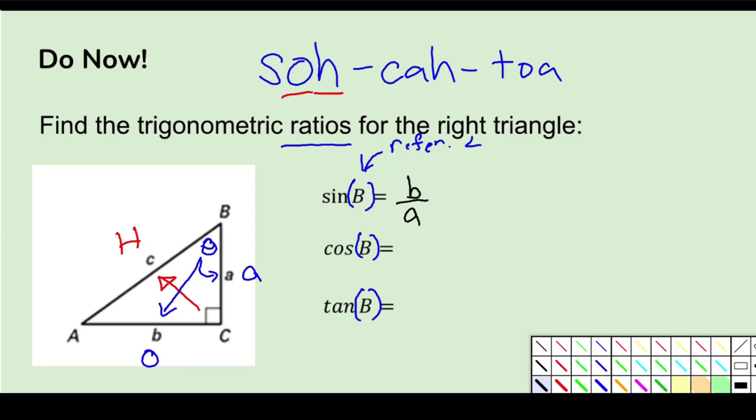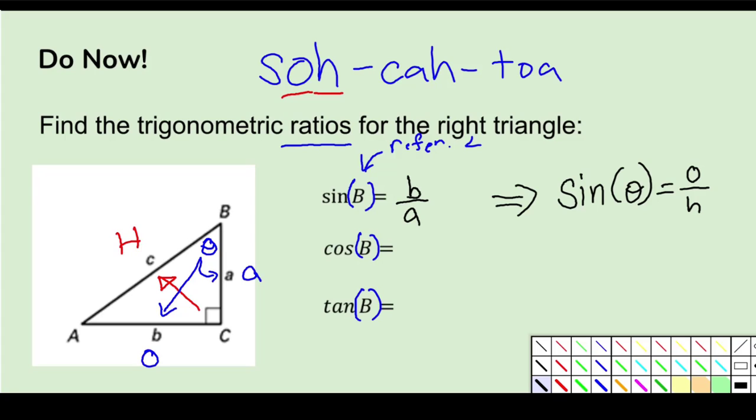Let me write this out the long way. Usually when I start these problems, I start off by writing out the whole thing. So I write sine of theta is equal to opposite over hypotenuse. And then I do all my substitution. The reference angle is in the parenthesis and my ratio is on the right side.